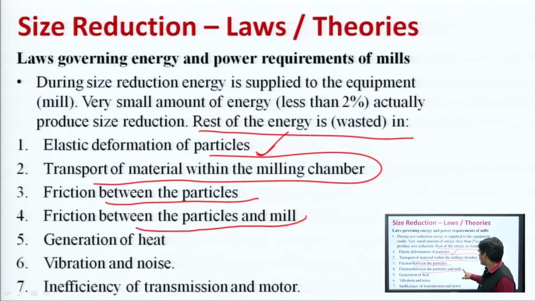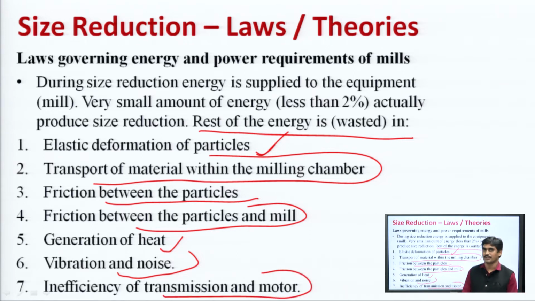There is also friction between the particles and the mill, that is, the walls of the mill. So, this also leads to loss or waste of energy. During the process of size reduction, some heat is generated, vibration and noise are also produced, and there is insufficient efficiency of transmission and motor.